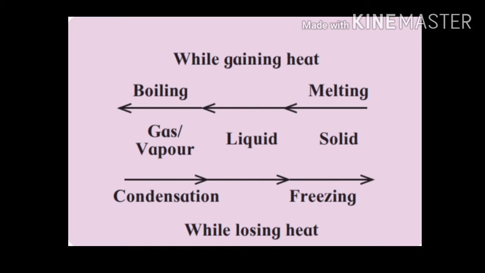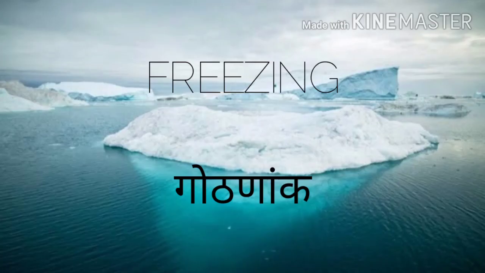When we boil that liquid, it gets converted into water vapor. Now, when we stop boiling or heating and cool the vapor, it again gets converted into liquid. That is condensation. And when this liquid is again kept in the fridge, it starts freezing.